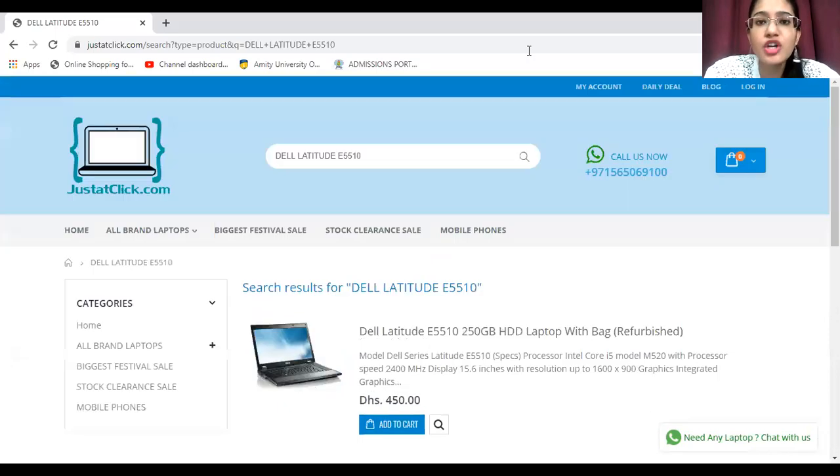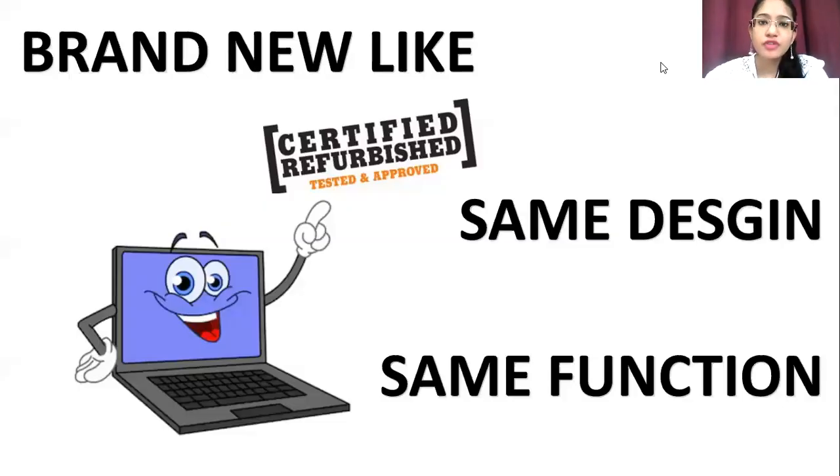So now first let us know what refurbished products are all about. Refurbished products, certified refurbished products, we can say these are synonyms, because refurbished products and brand new products are quite similar.